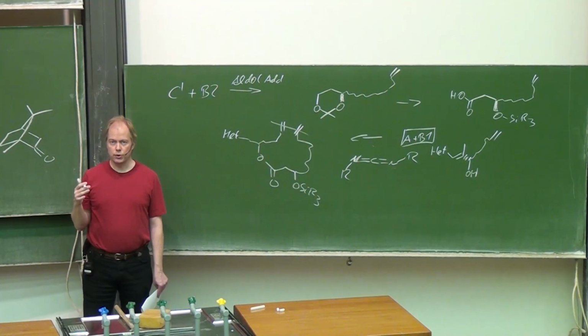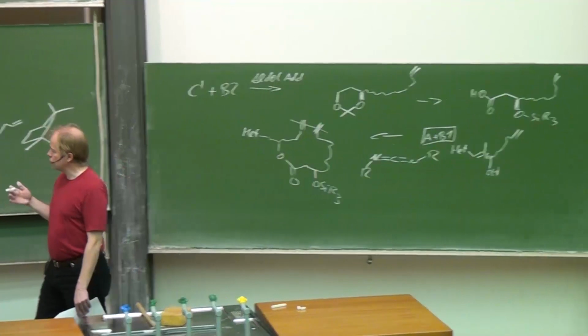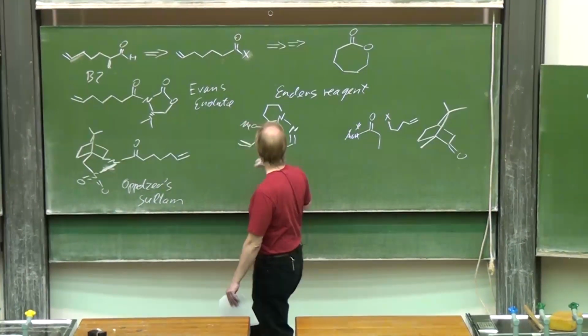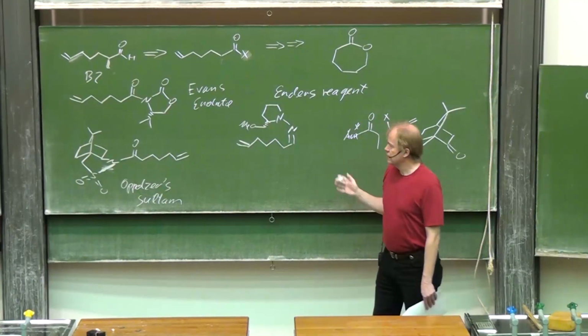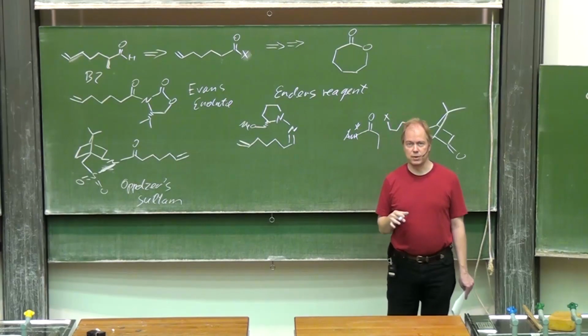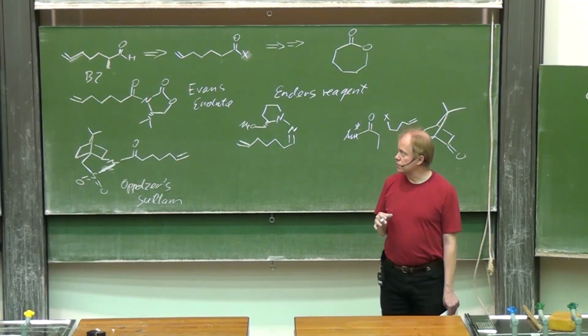Of course, working out the details, deciding which of those methods to use, Evans enolate, Oppolzer sultam, or Enders reagent, after all of those methods have been applied within the synthesis of Epothilone.